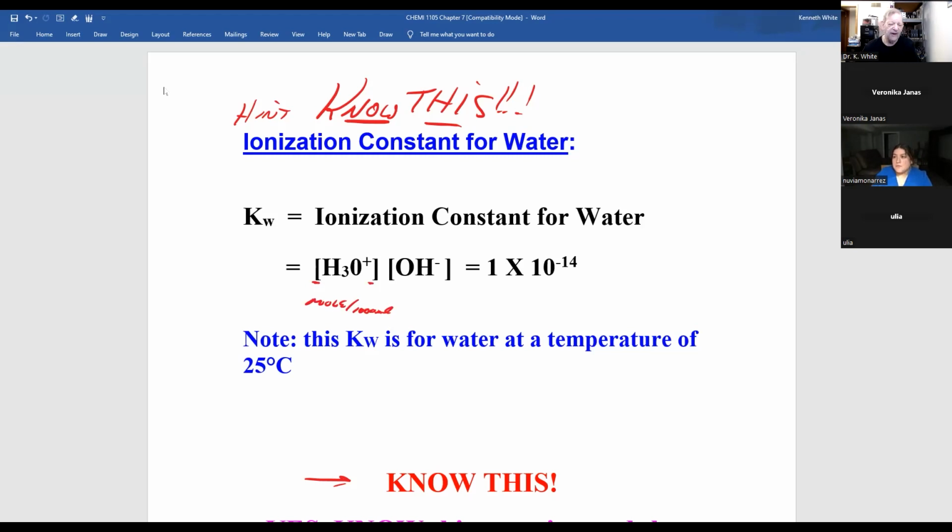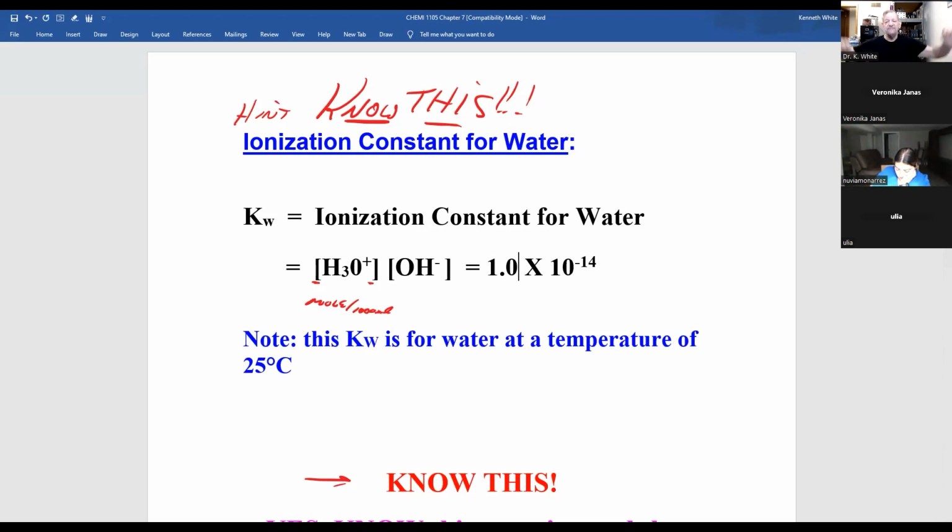The hydronium ion concentration times the hydroxide ion concentration equals 1.0 times 10 to the minus 14. It's a small number, but it's still significant.